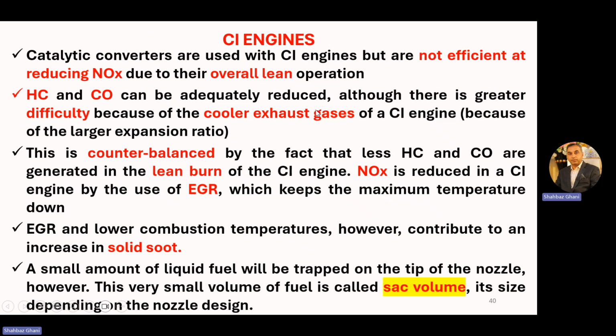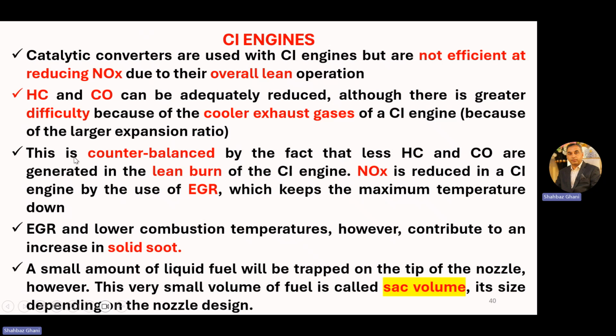As compared to SI engines, the CI engine exhaust temperatures are lower, so this will be a great difficulty here also. This is counterbalanced by the fact that less hydrocarbons and carbon monoxide are generated in the lean burn of a CI engine.